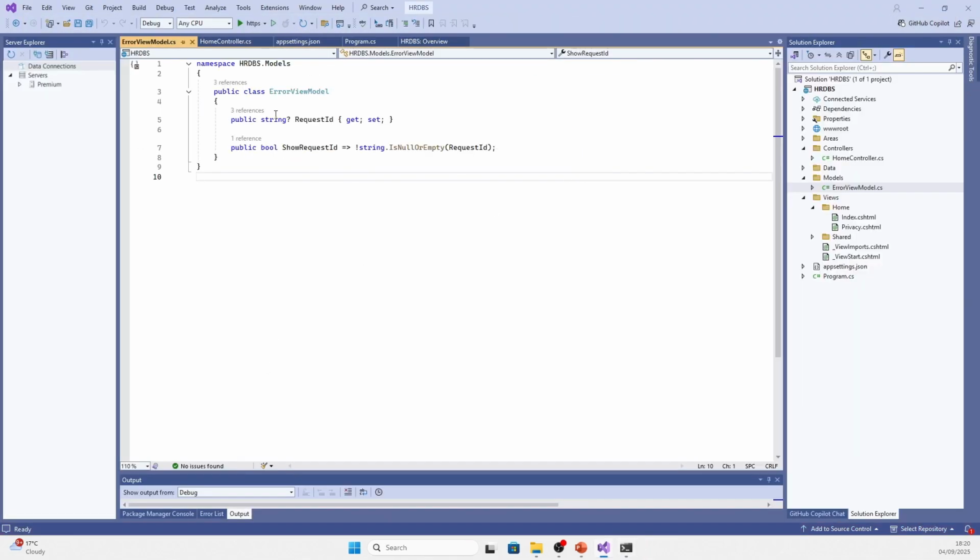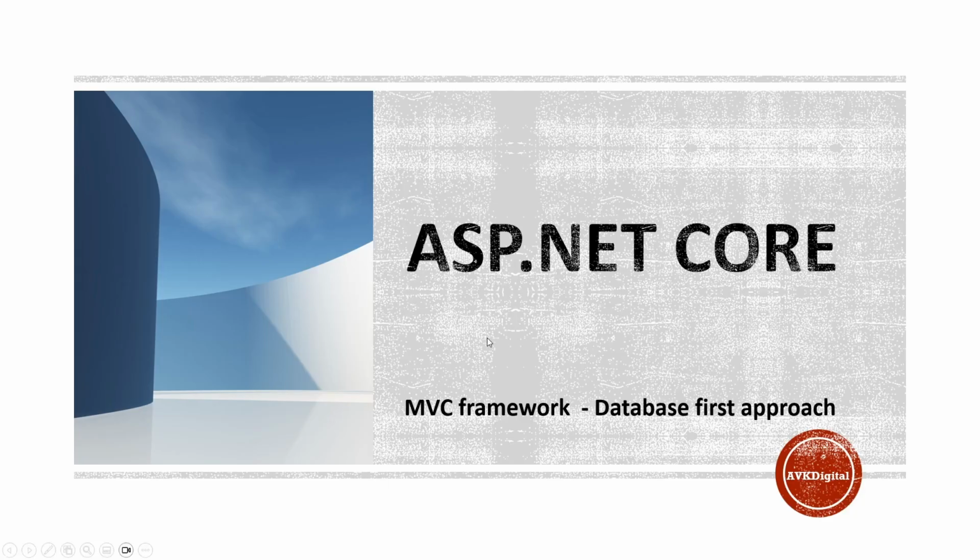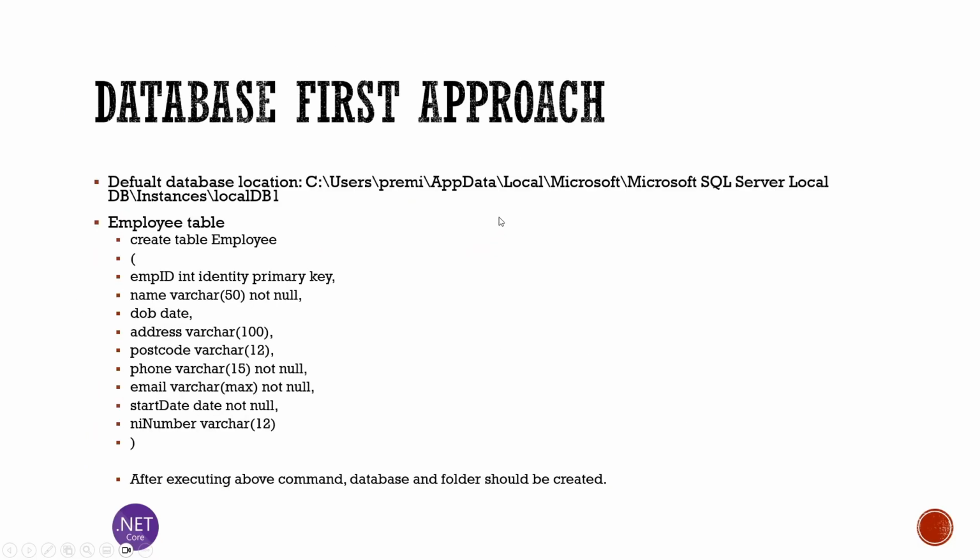So let's create our database first. The plan for the database is that I want to create, let me show you what I want to create. Let's go to these things we already did. This is what I want to create now. This is the default location of my database. Ignore that for now. You might have a different location.